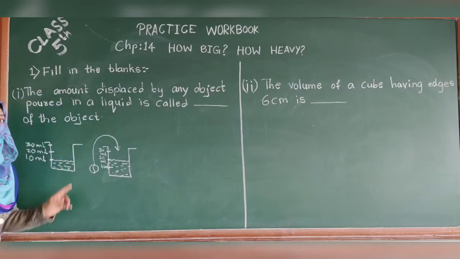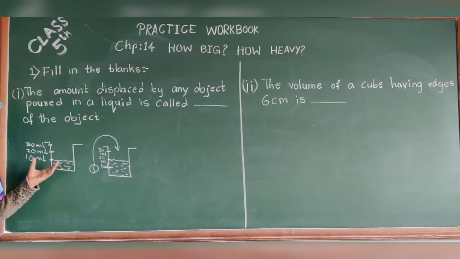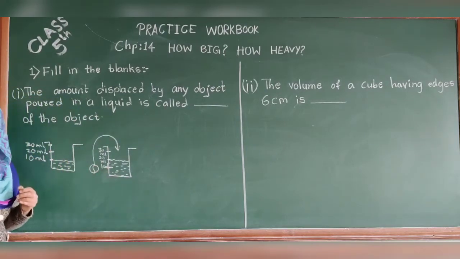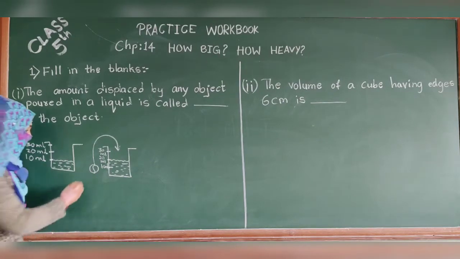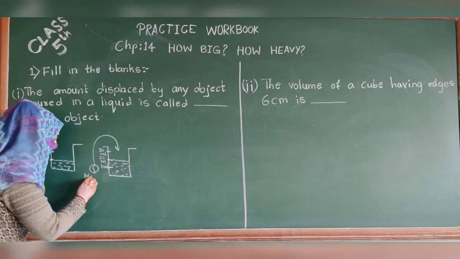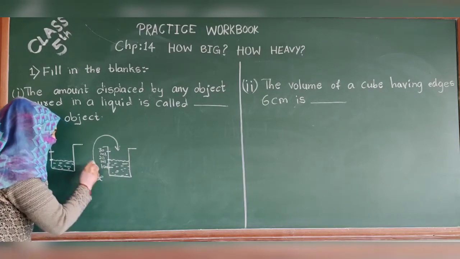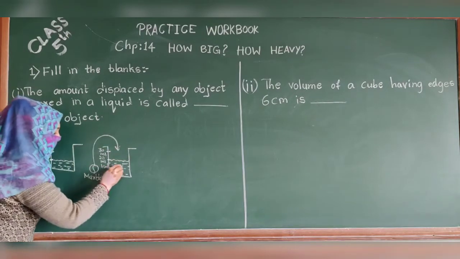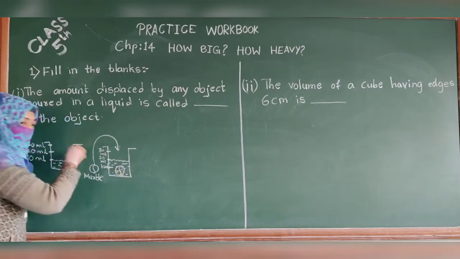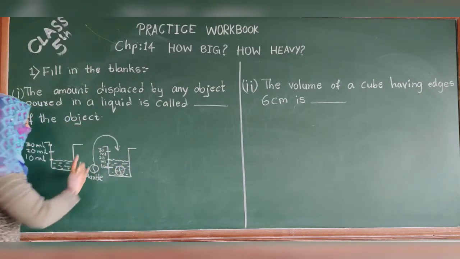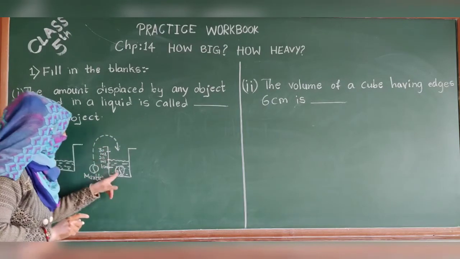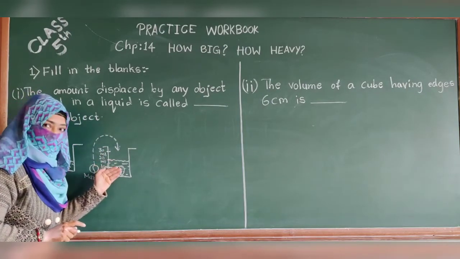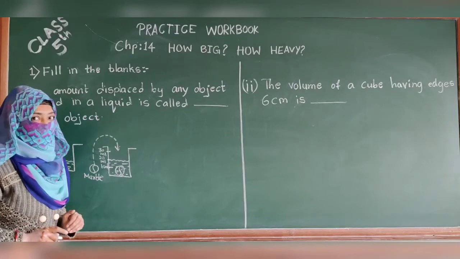Listen carefully, I have not added any water to the container, but I have added a marble, and it is now inside the container. After putting it inside the water container, the water level rises.